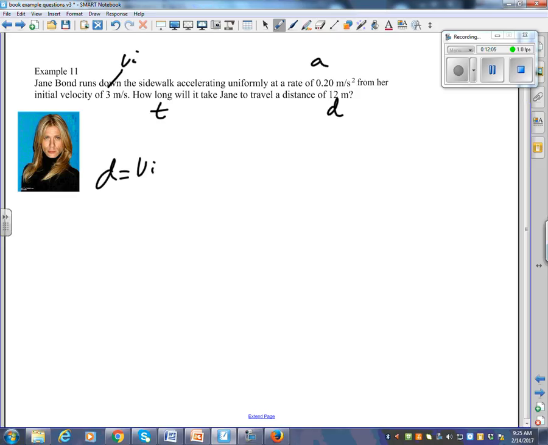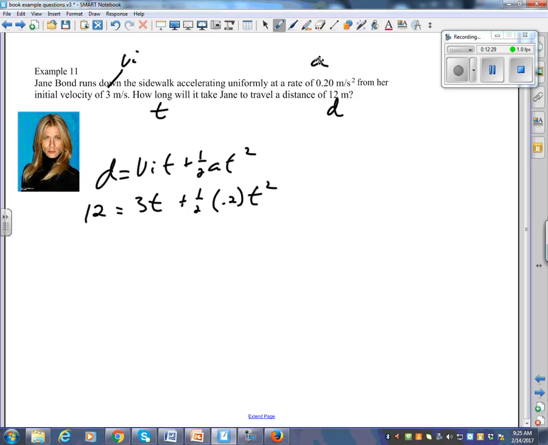D equals VIT plus 1/2 AT squared. She needs to run 12 meters. Her initial velocity is 3 t plus 1/2, and your acceleration here is 0.2 t squared. Uh-oh. What have we got?